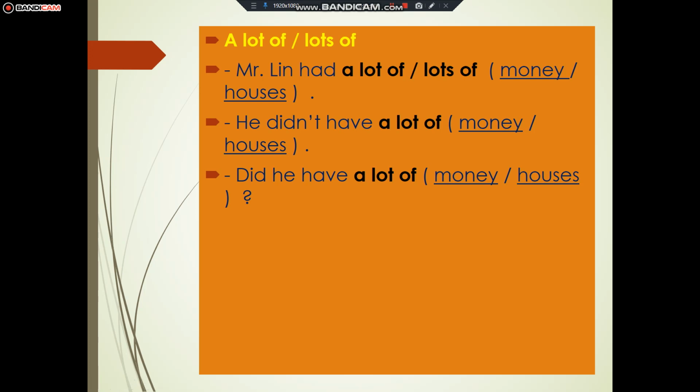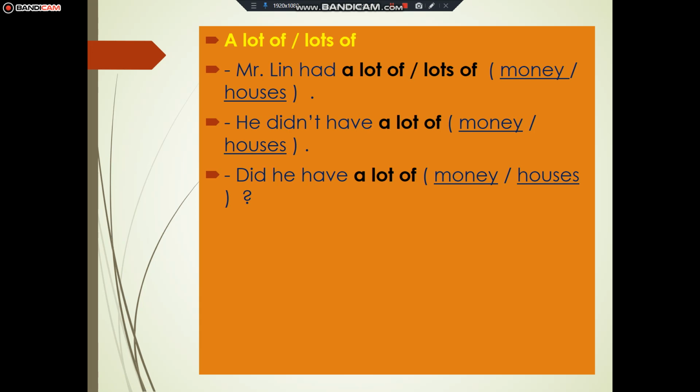For example, did he have a lot of money or houses? Okay, guys, this is about a lot of. Again, we can use a lot of with a plural countable noun or with uncountable nouns, to talk about large quantities, with affirmative, negative, and a question.